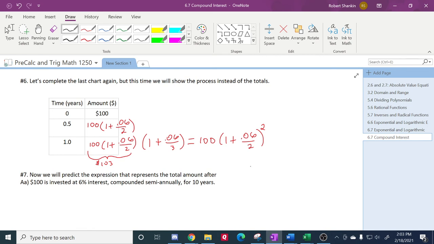All right, group 1. What's the expression that you have here? I think we're still thinking about it for another minute.